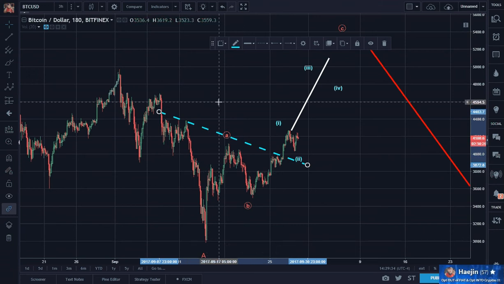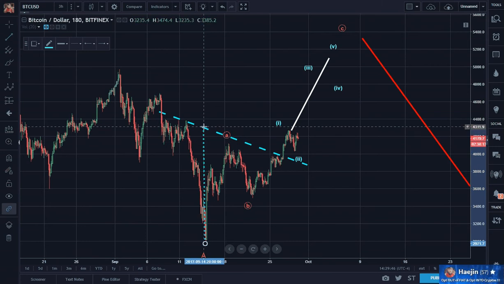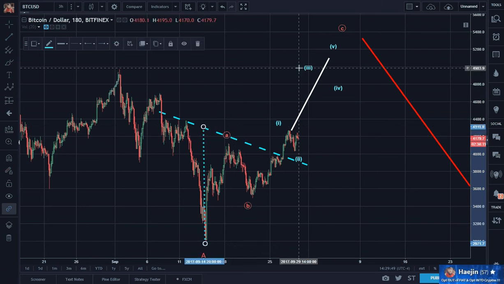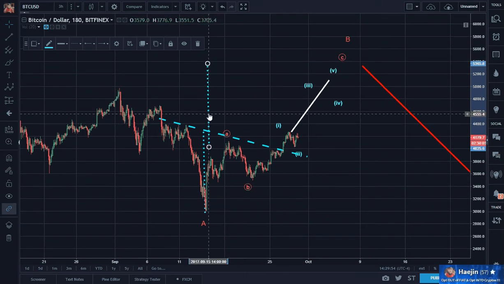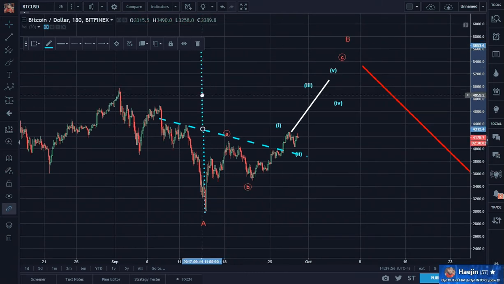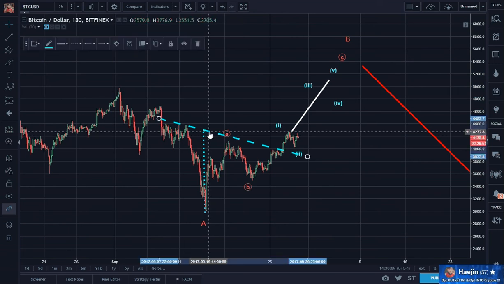The symmetry could be a lot better, but it is passable. Calculate the minimum target. $5,600. Not bad.